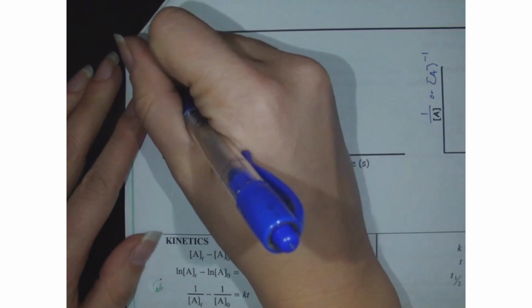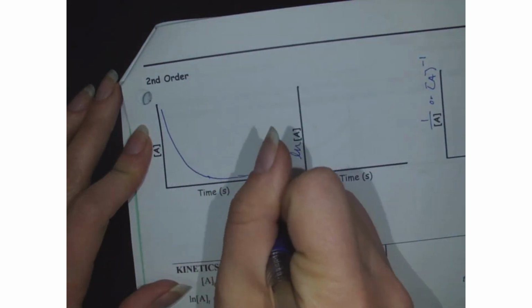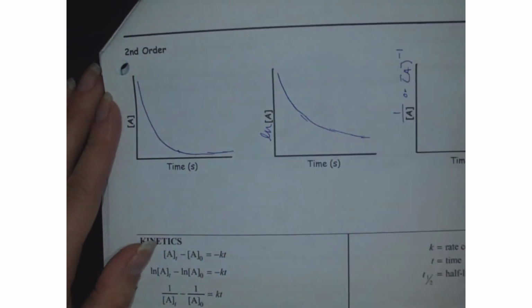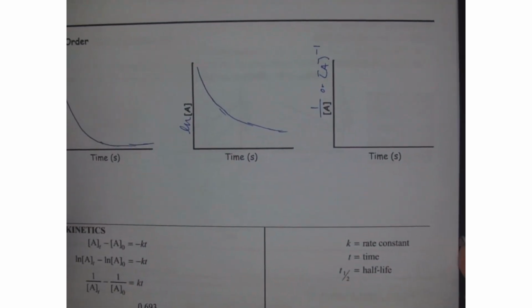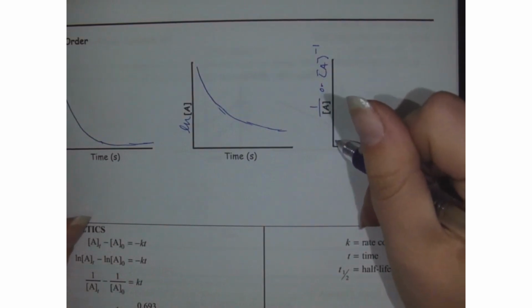Usually the concentration versus time of a second order is like a steeper curve, and then it tends to shallow out a little bit. And the inverse concentration versus time is our linear one. Usually goes like this.